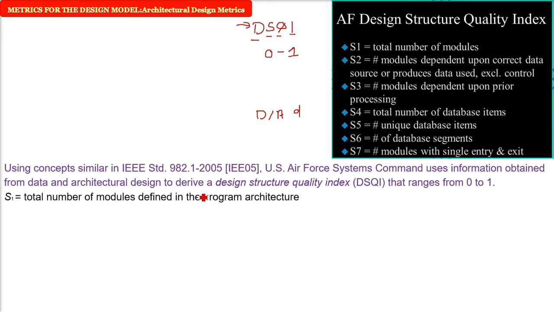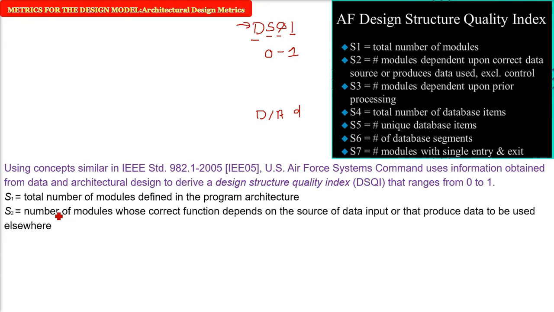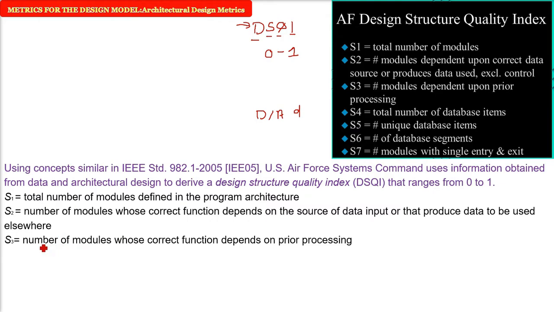Before that, there are certain values for the Design Structure Quality Index. There will be 7 of them. S1 is the total number of modules. S2 will be the number of modules dependent upon correct data sources or that produce data used. S3 will be modules which are dependent upon prior processing.